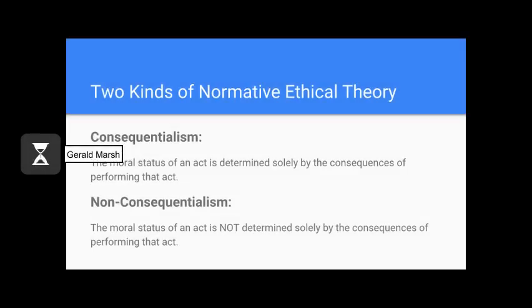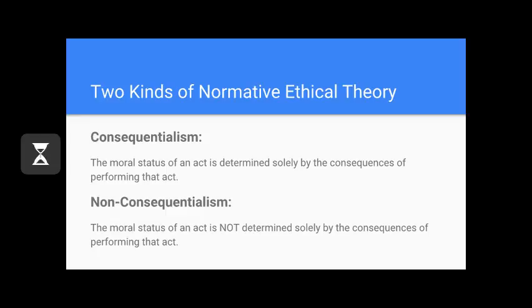One difference between the Golden Rule theory and the hedonic theory is that while the hedonic theory focuses on the consequences of performing some action, that is, how happy will it make people, the Golden Rule theory instead focuses on the mental states of the person who's performing the action, that is, what would they be willing to have others do to them. This difference between the two theories we can capture in the following way.